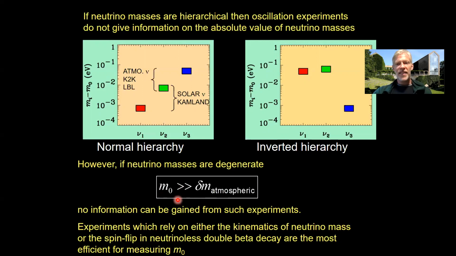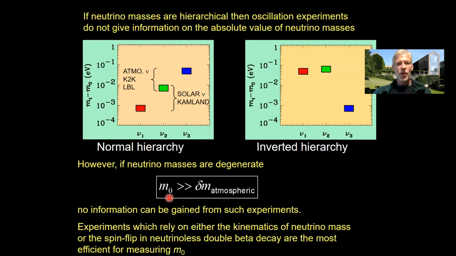And the problem is that oscillation data really are only sensitive to mass differences, because we're looking at neutrinos in the ultra-relativistic regime, not in the non-relativistic regime. So in order to get at this m0 parameter, you have to turn to some other way of measuring, and typically one that's related to some type of kinematical probe of neutrino masses.